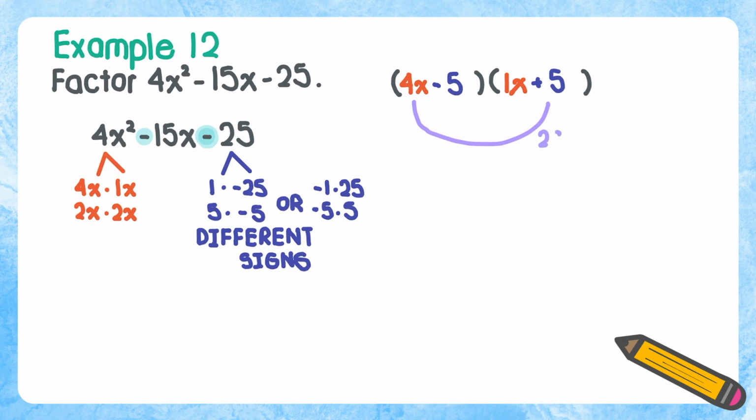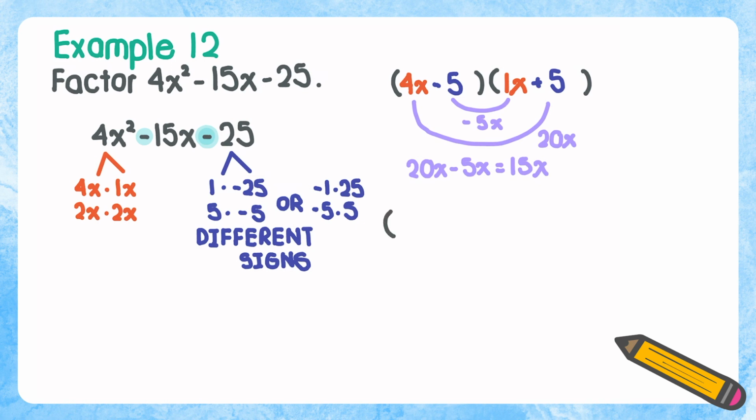So the outside term, 4x times 5 is 20x. And then the inside term, negative 5 times 1x is just negative 5x. So I'm going to combine like terms. So 20x minus 5x equals 15x, which isn't the negative 15x we're going for, but it seems really close.